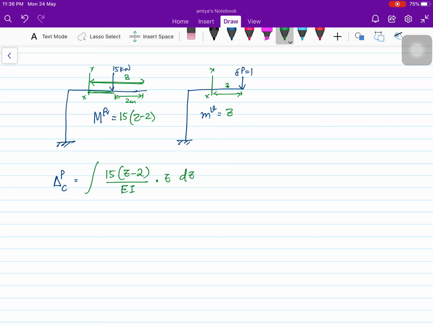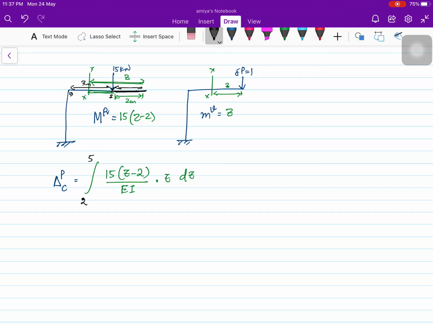From 0 to 2 there is no force, so there is no moment, that's why we will not integrate for this portion. Z varies from 2 to 5 meter, because 3 plus 2 is 5.